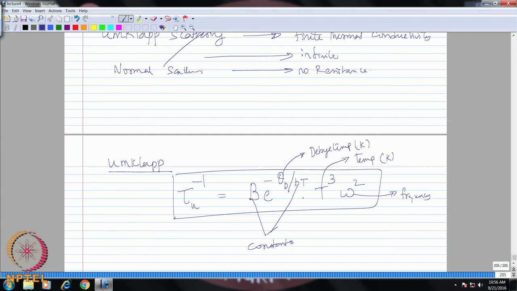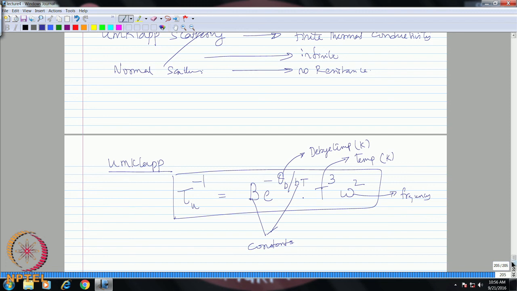Depending on the kind of material, these constants can take different values. This is how empirically the phonon scattering time is calculated.